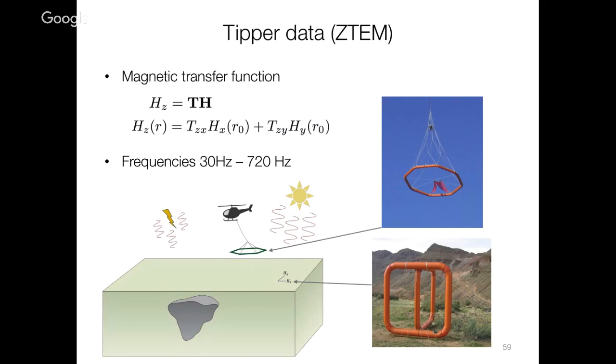So it's just a relationship between the vertical component at any location and then what's happening for the two horizontal components over there. That's it. But that relationship is definitely going to be affected by whatever conductivity structure you have. So embedded in here is information about the electrical conductivity, which you then need to dig out.